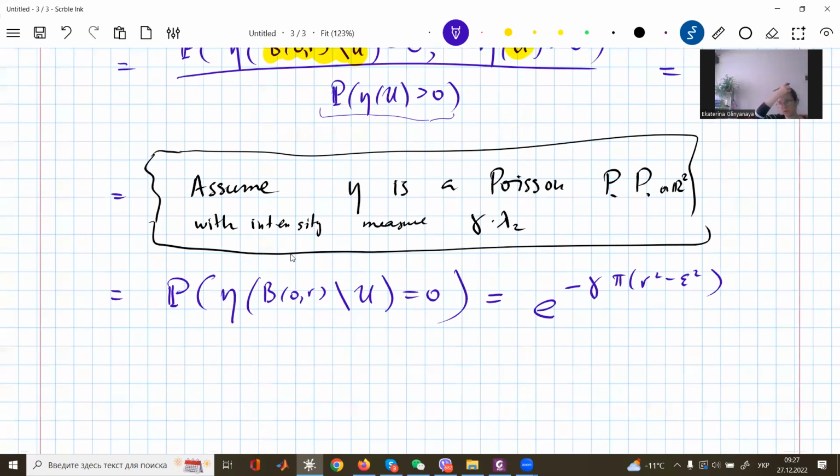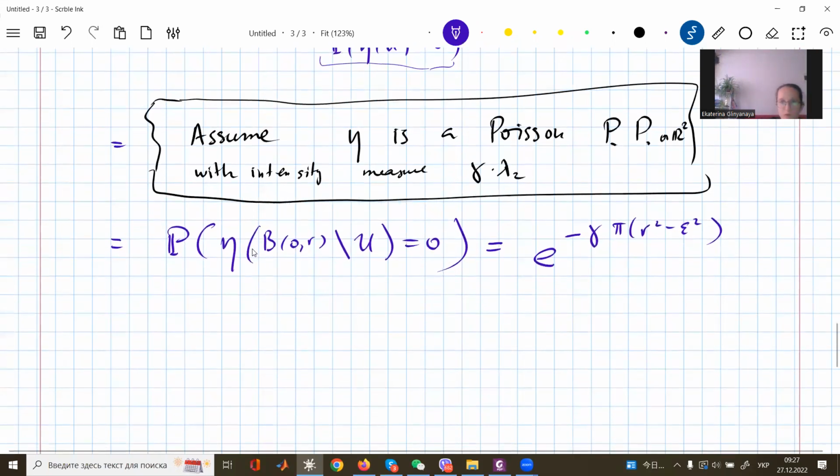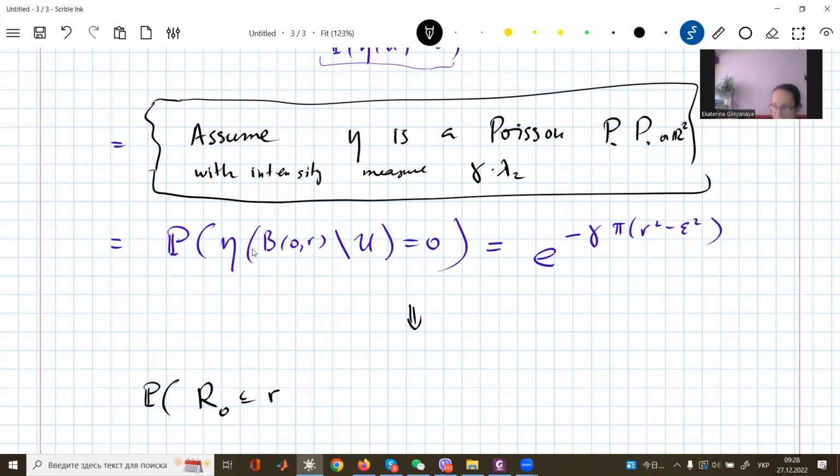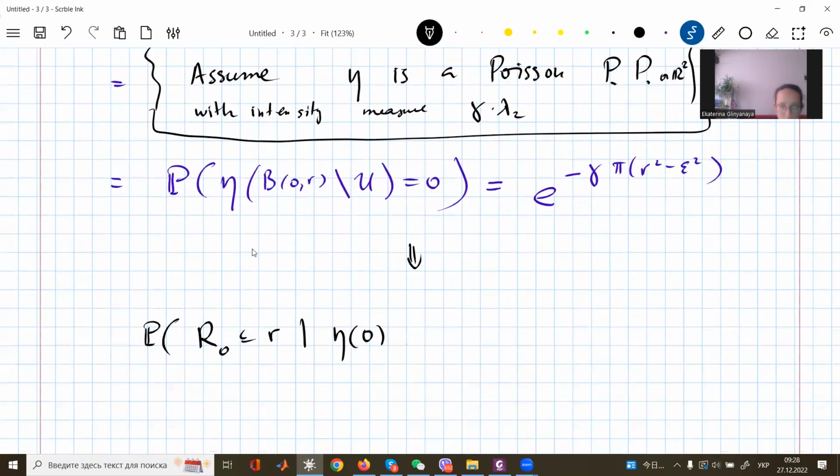So now we can tend epsilon to 0, and we will expect that the probability that the distance from 0 to other points in the point process is less than r, under the condition that at the origin we have a point, I will write that we have exactly one point, is equal to 1 minus e to the pi r squared.